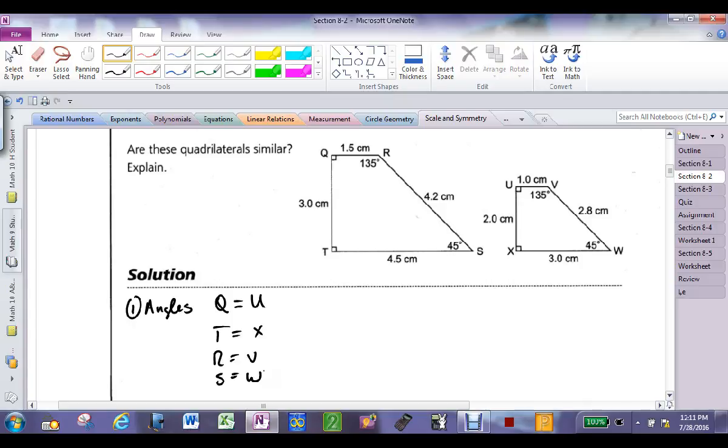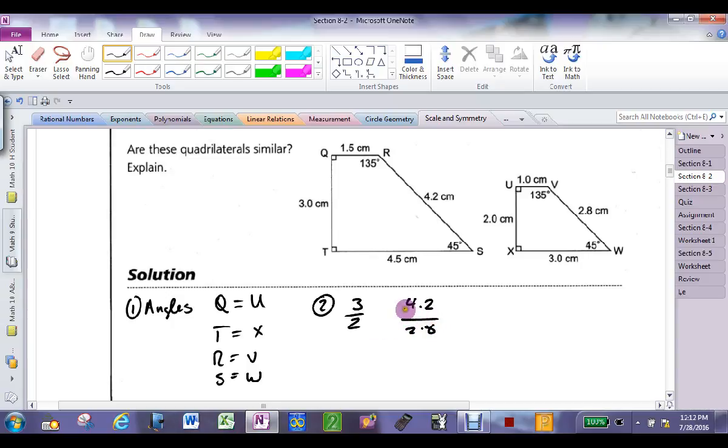So half of our conditions are proven, yes? Now I got to check the other one. So I got to check the sizes, right? So I just got to compare any two, okay? So what would 3 compare with? 3 over 2, and then I just got to check any other one. What would 4.2 compare with? 2.8.